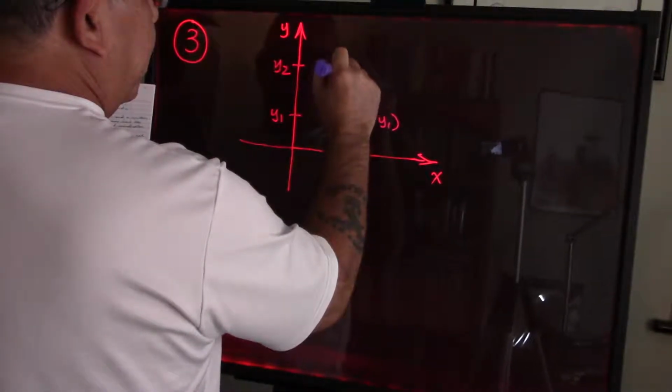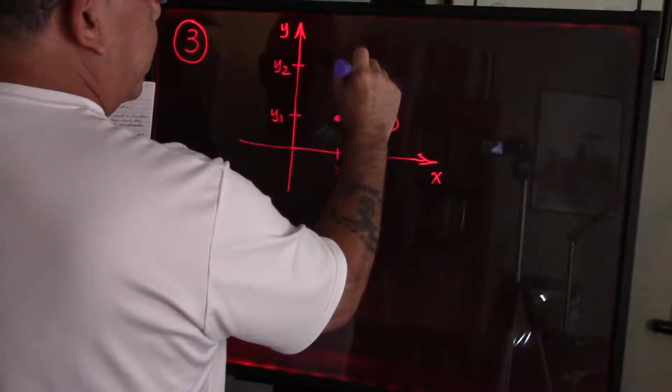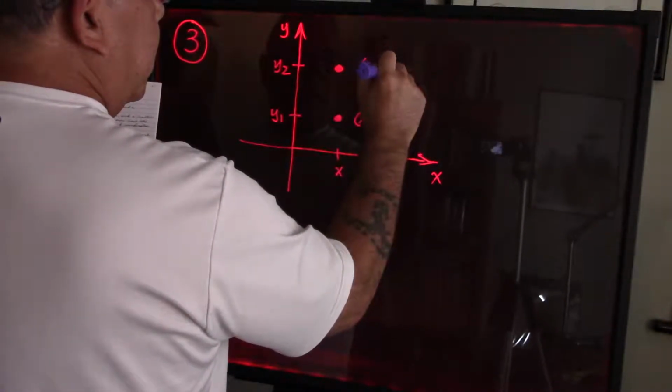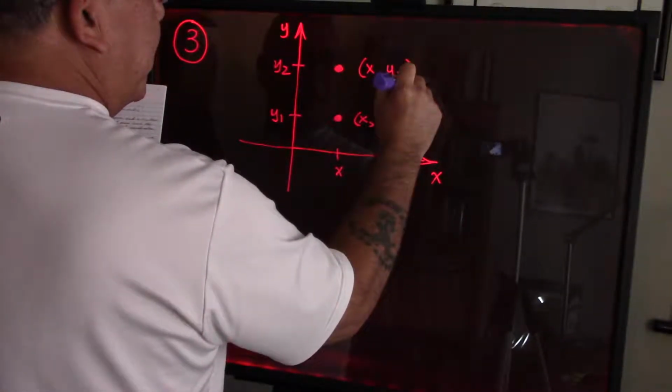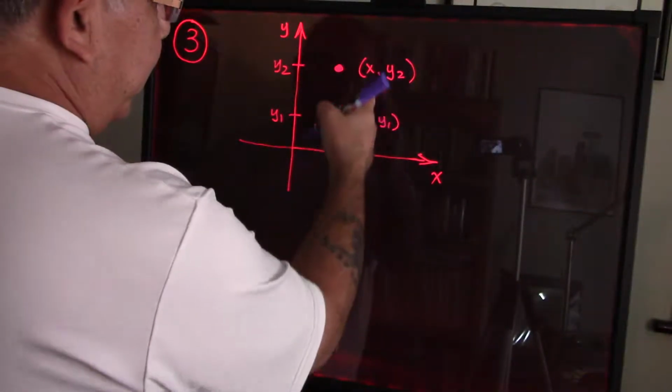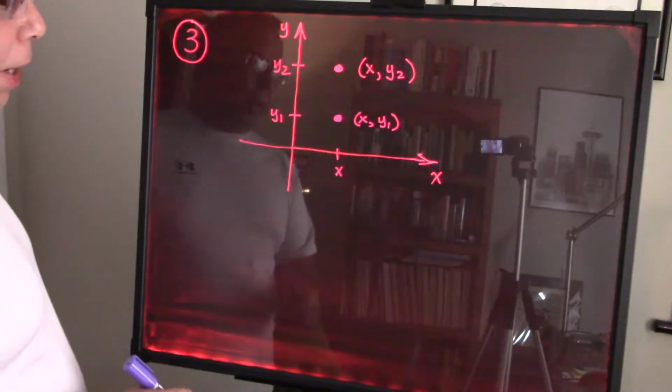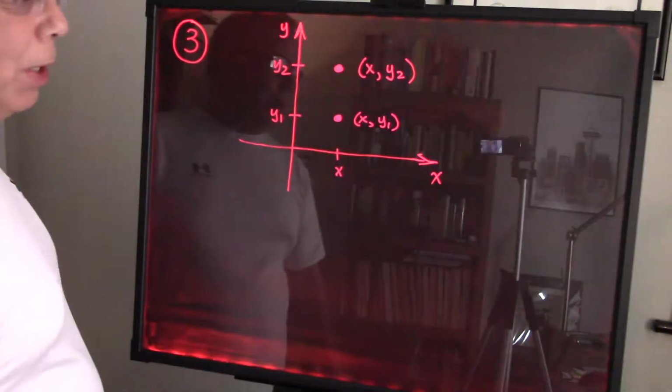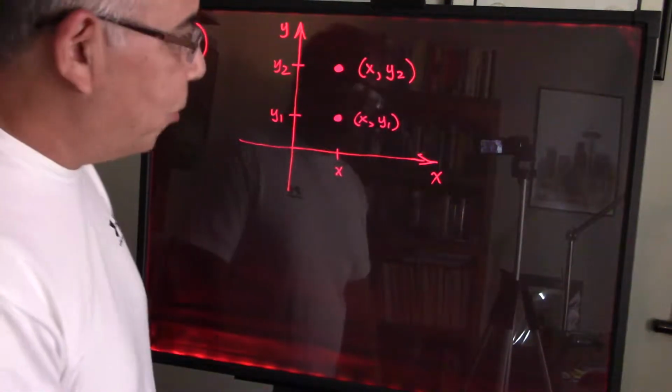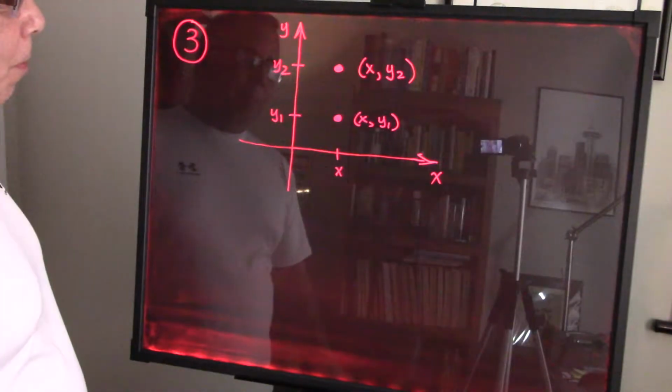Again, this is not a function because it has at least two ordered pairs which have the same first coordinate, which would be x, but different y coordinates, which would be y1 and y2.